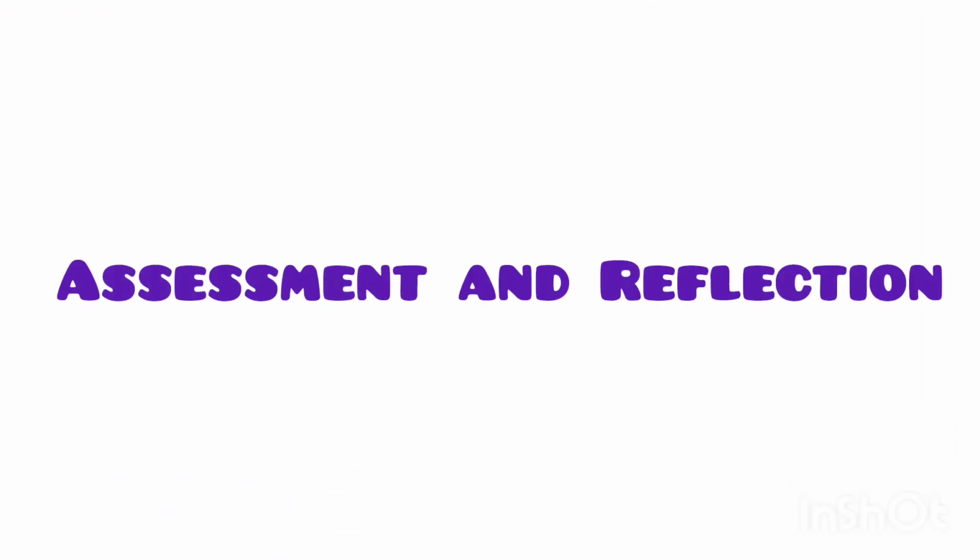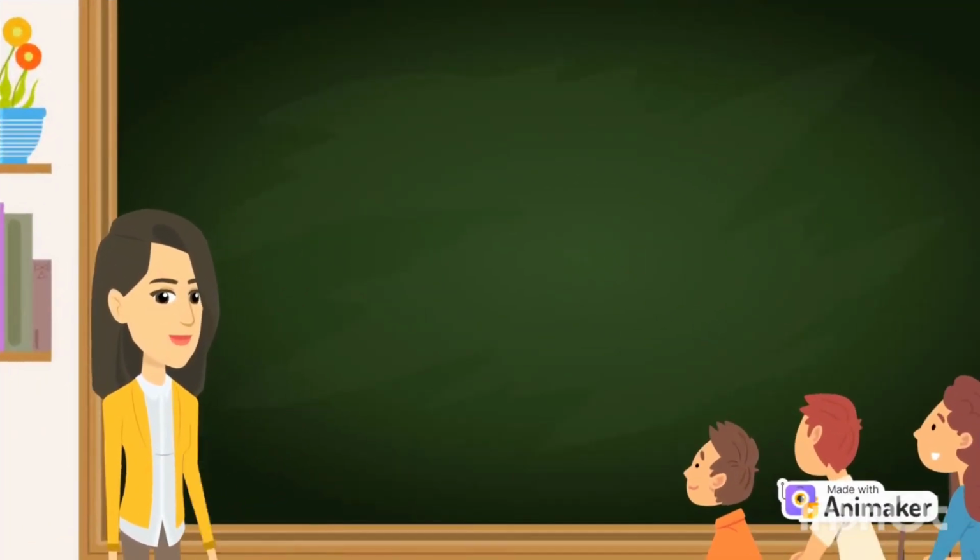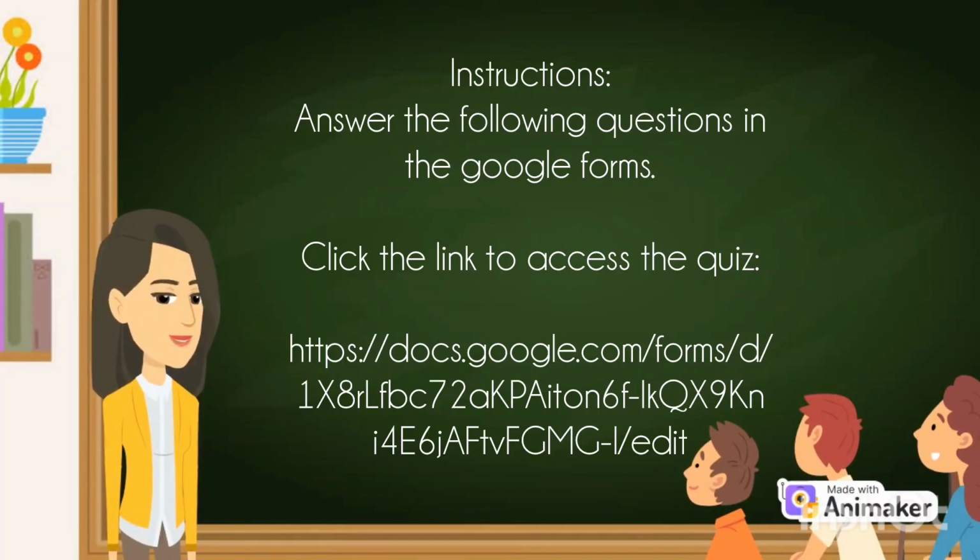Alright, so for assessment and reflection, we'll be utilizing a Google form here. So for the instructions, answer the following questions in the Google Forms. There were 15 questions that you need to answer correctly. And in order to do that, you are going to click the link to access the quiz.